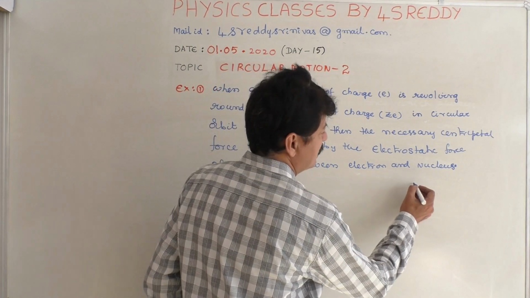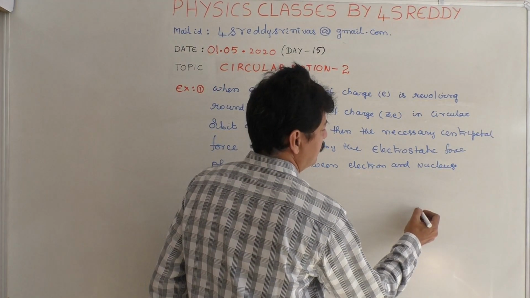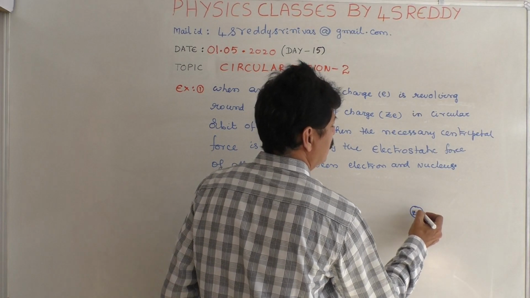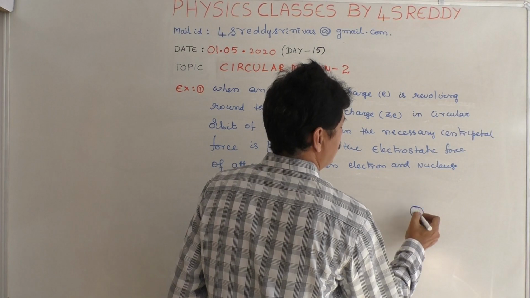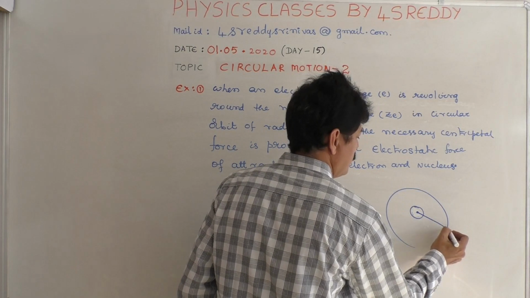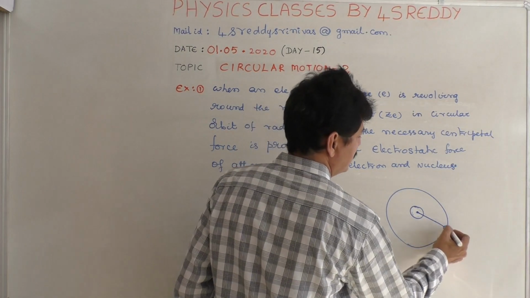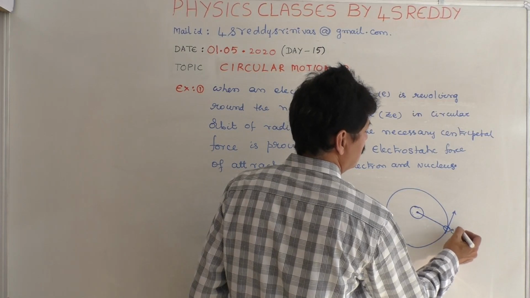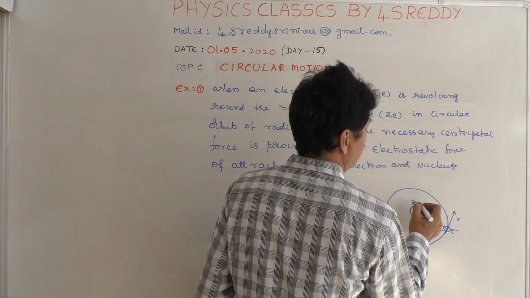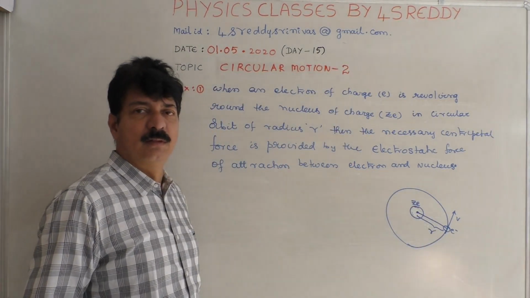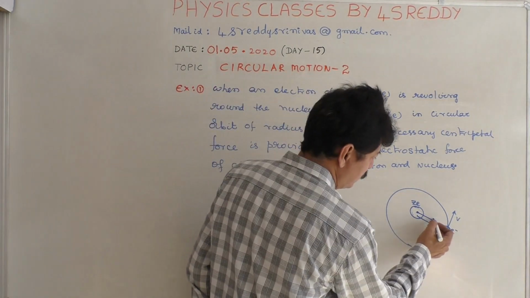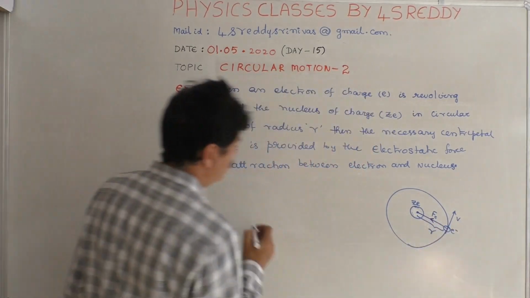Suppose this is the nucleus of charge Ze, and this is the electron moving in this direction with velocity v. If this is r, then the necessary centripetal force which is directed toward the center is called centripetal force.